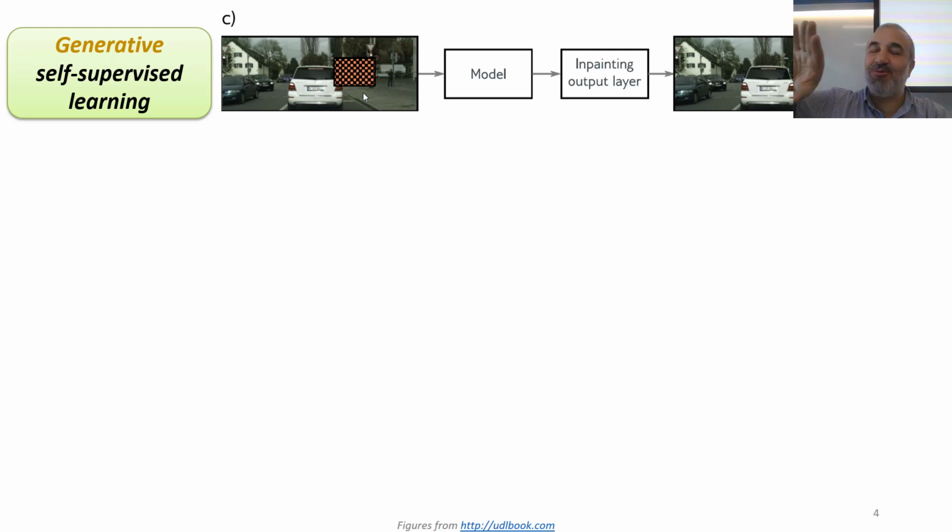Okay, so yes, we can generate images, but regardless of this specific task, can we use that for something else? Why would such a task be useful for something else?